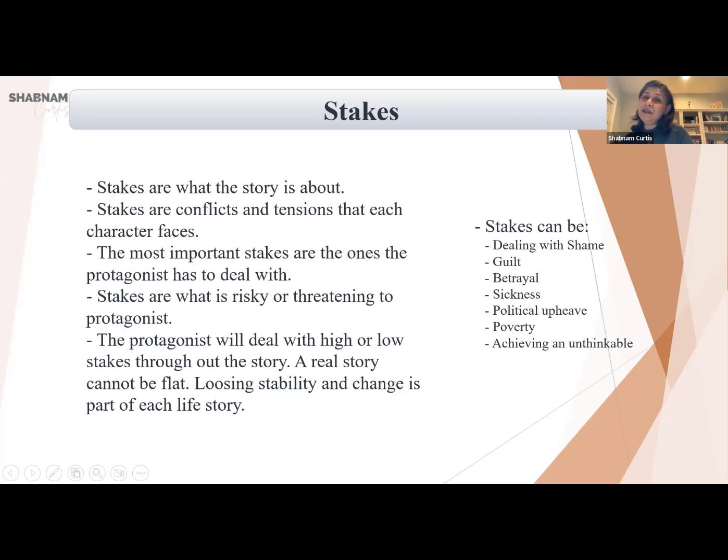Those types of stakes are the major stakes that we want to open up and unfold. And we will see how many smaller stakes are in the belly of each big stake that we had to deal with.